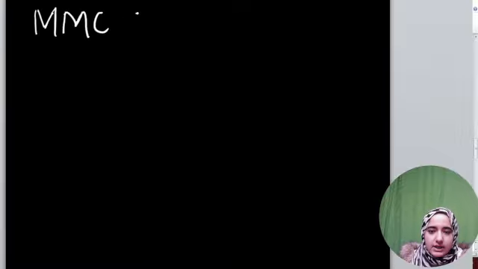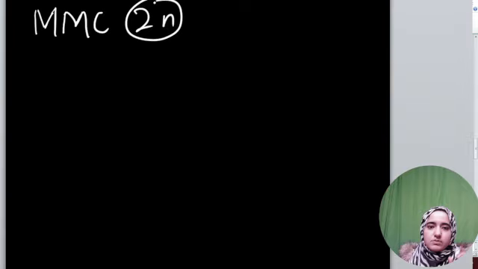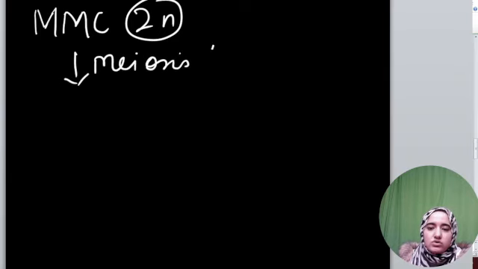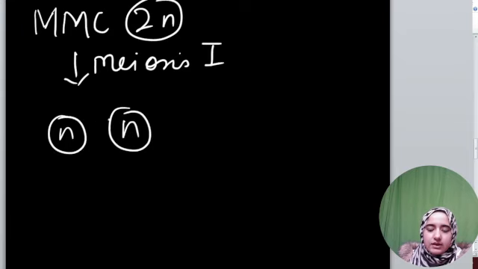Now we will see, as we saw in the microspore mother cell, what happens in the megaspore mother cell as well. Here is the megaspore mother cell. Its ploidy is also 2n, same as the microspore mother cell. It undergoes meiosis 1 and forms a structure like this, n and n.